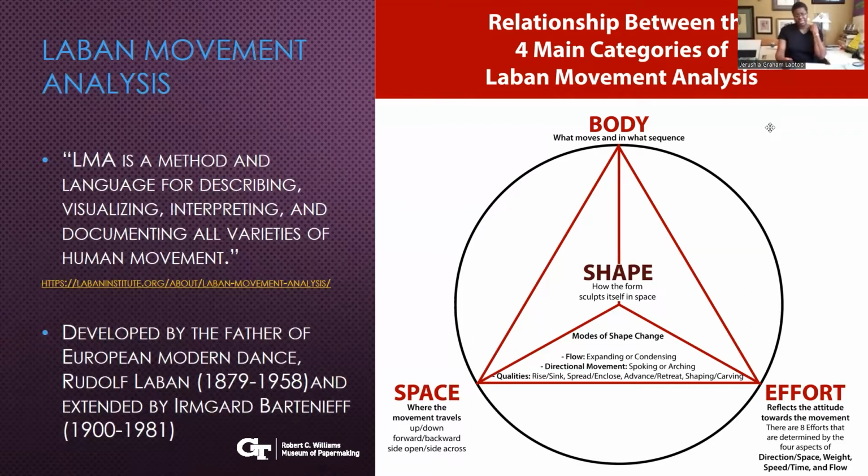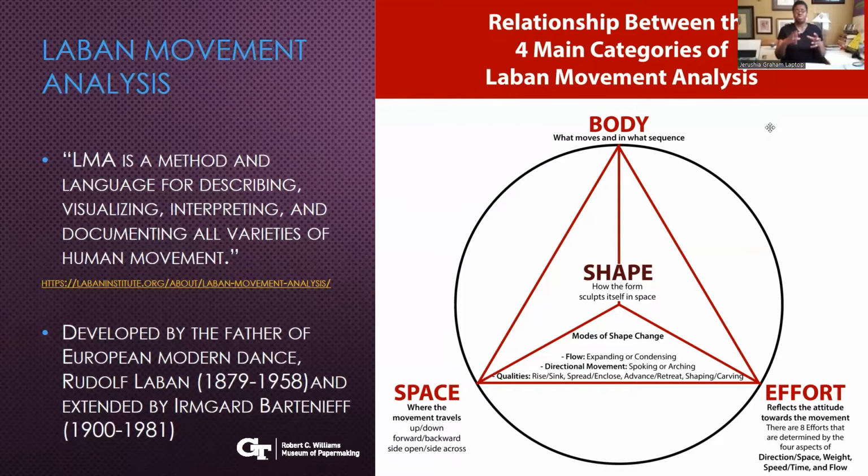And then space, where the movement is traveling, up and down, forward and back, one side or the other. And these 3 factors help to determine shape, how the form changes and sculpts itself in the space.